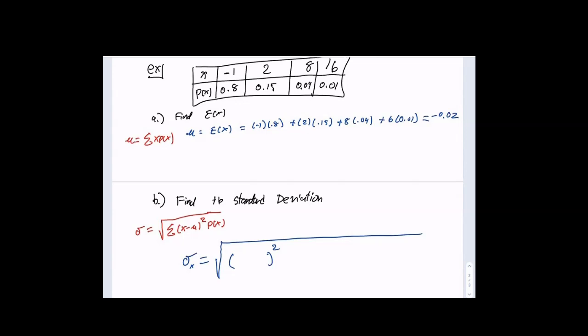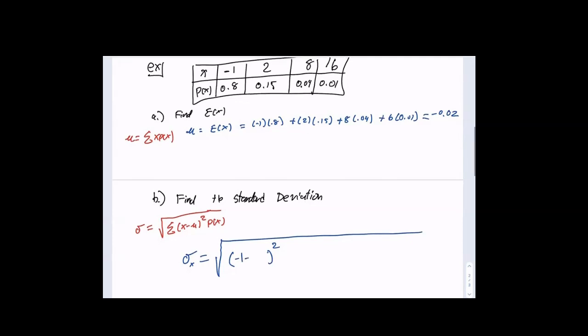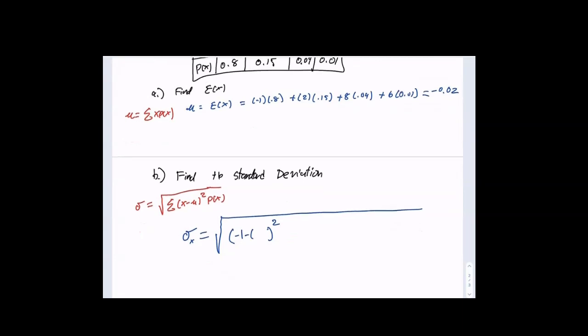What is the first x value? -1. Minus the mean that we found. So what's the mean? I'm not asking anybody to do any calculations here.